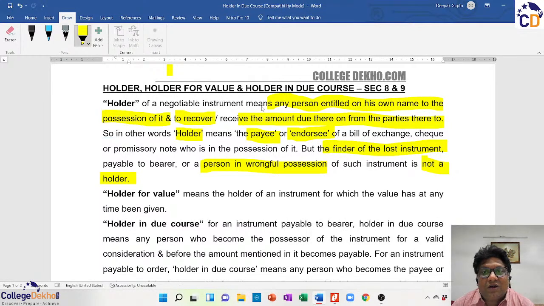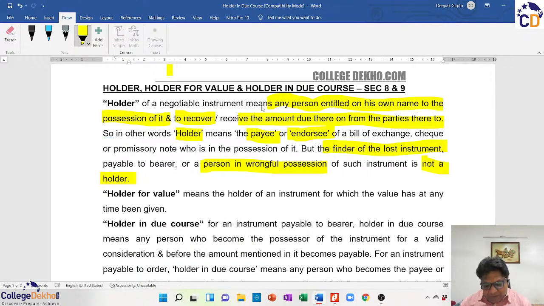We are not writing in the Act that consideration is compulsory, like in the Contract Act. Here, the consideration is presumed, which denotes that if a person becomes the holder, then he may have received the instrument for the value of goods provided, that is, he has received the instrument for a valid consideration given.